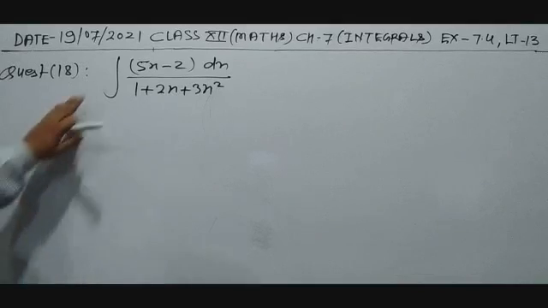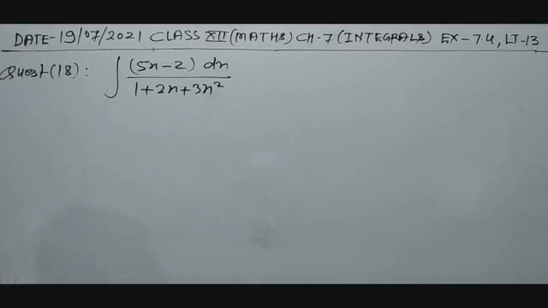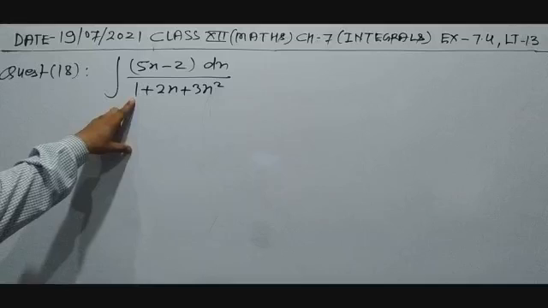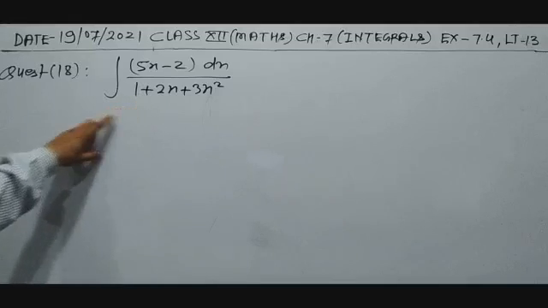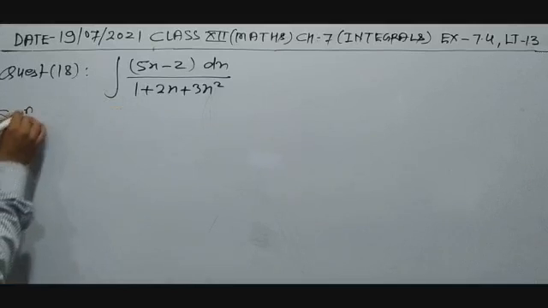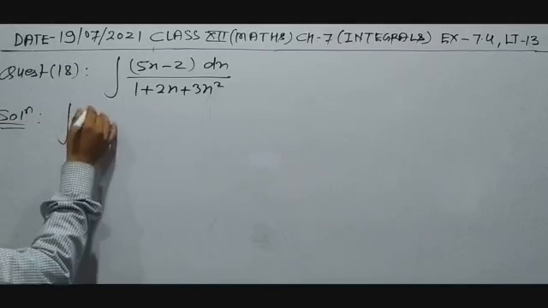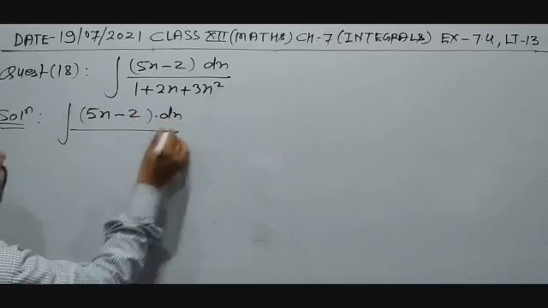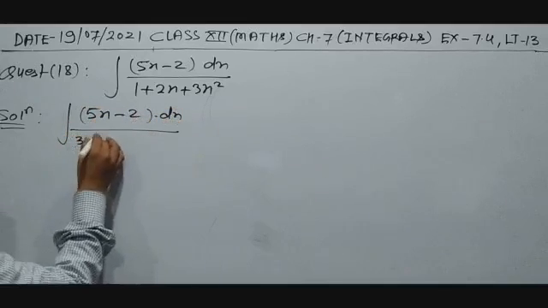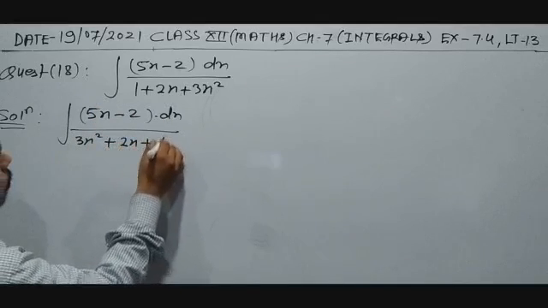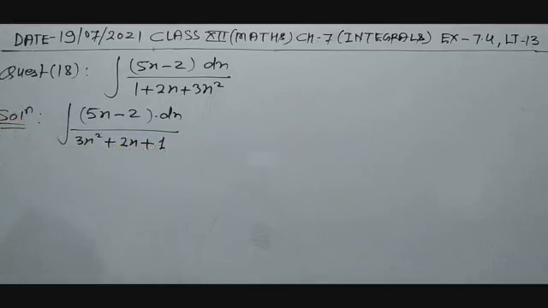Now class, come to question number 18. Question number 18 is integration of 5x minus 2 dx whole upon 1 plus 2x plus 3x square. So first of all you will write the function which you have to integrate. 5x minus 2 dx whole upon 1 plus 2x plus 3x square can be written as 3x square plus 2x plus 1.